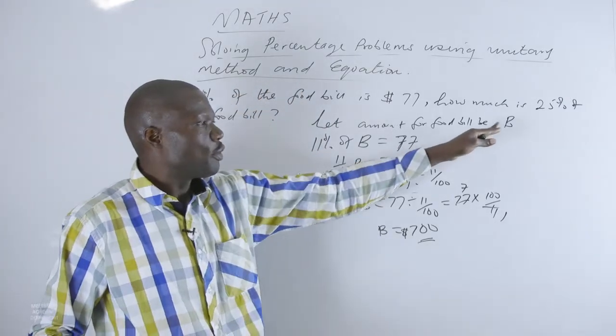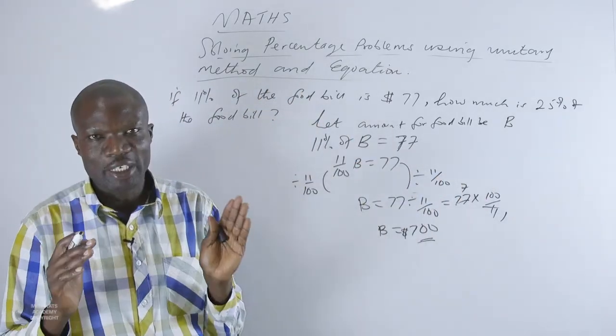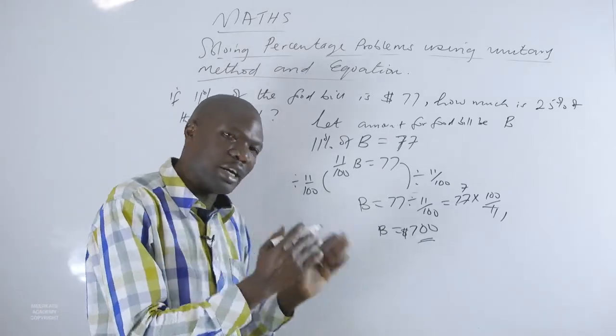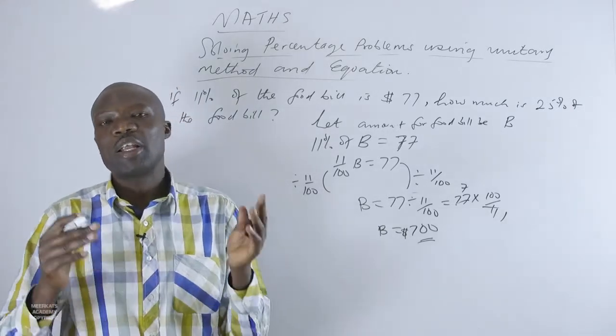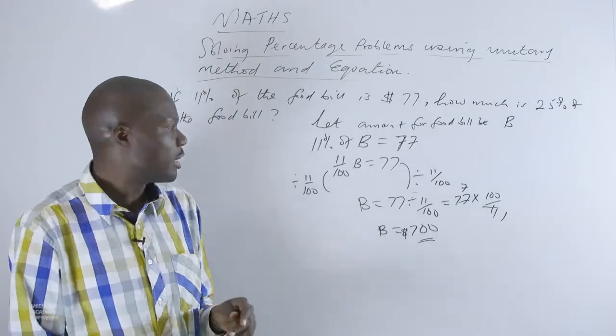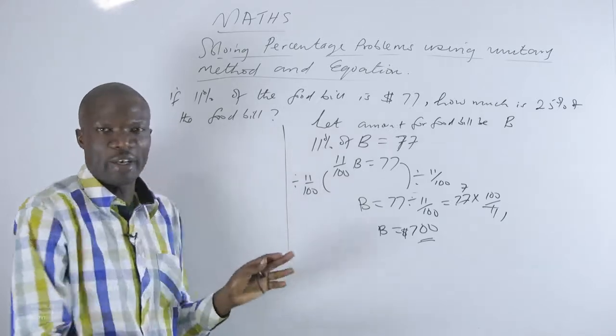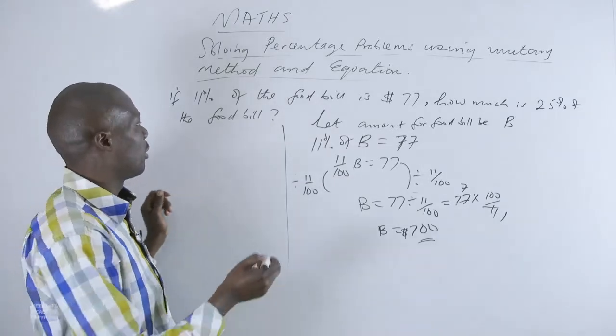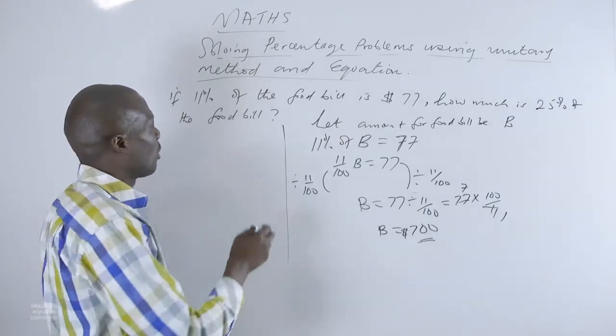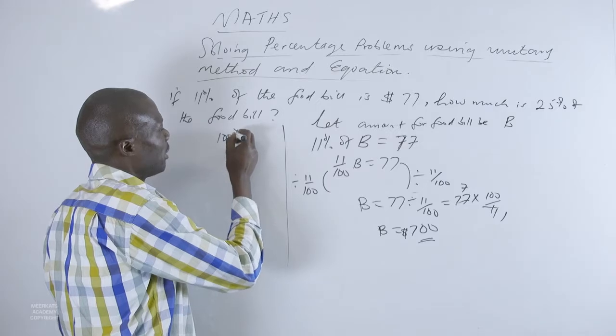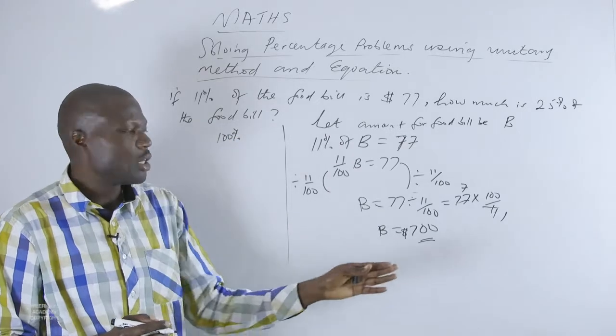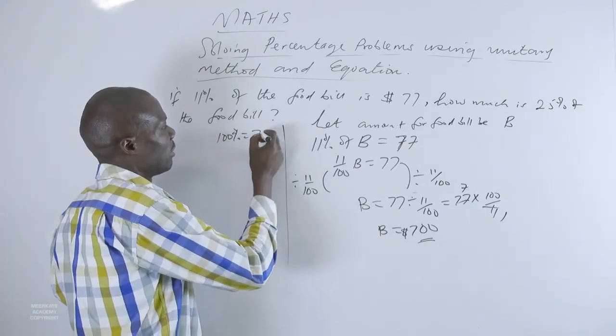The question is asking for 25% of the amount, but not the 100%. So this is equivalent to 100%. So we go ahead and do the following. Again, here, 100% is equivalent to B, which is $700.